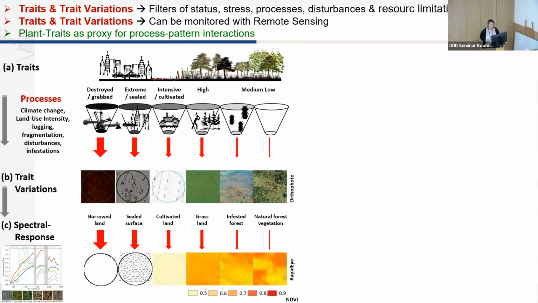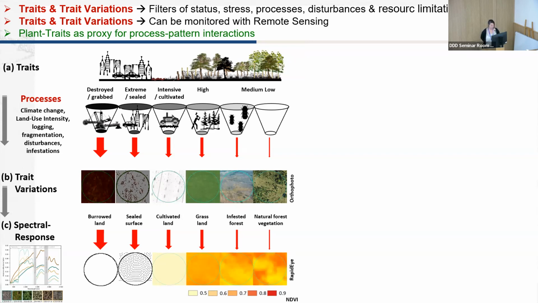Trait and trait variation are filters of status, stress, processes, and resource limitations. It means trait and trait variation can be monitored by remote sensing.